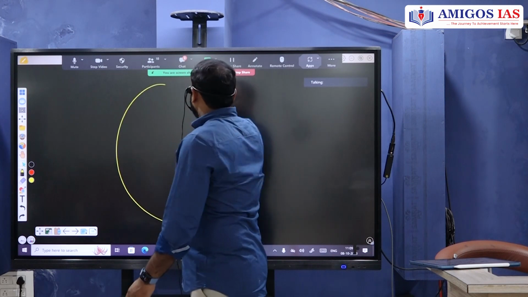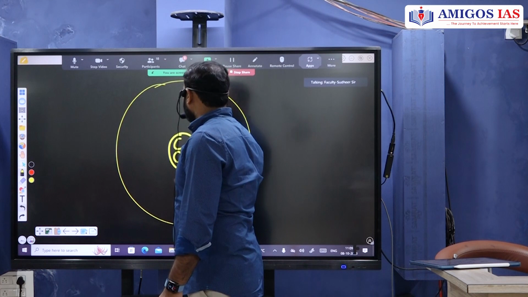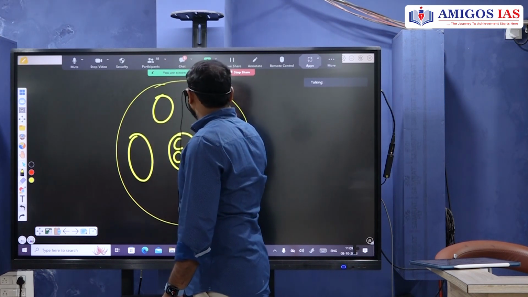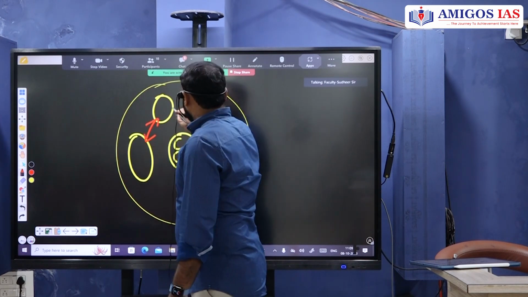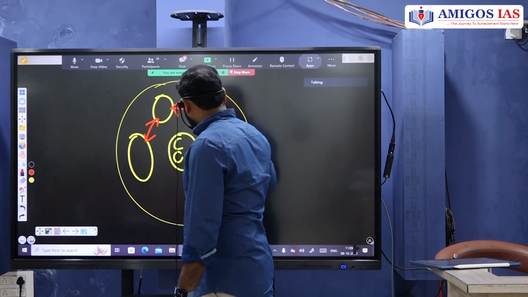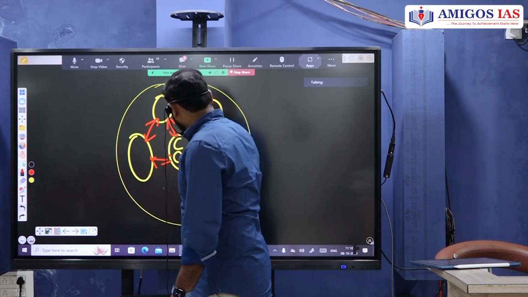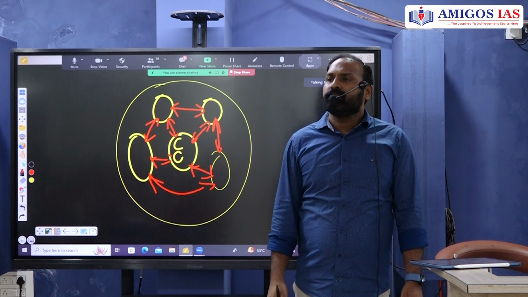It should be like: there is a culture center, neighboring distinct cultures. What happens? This should be the diagram for a culture area.